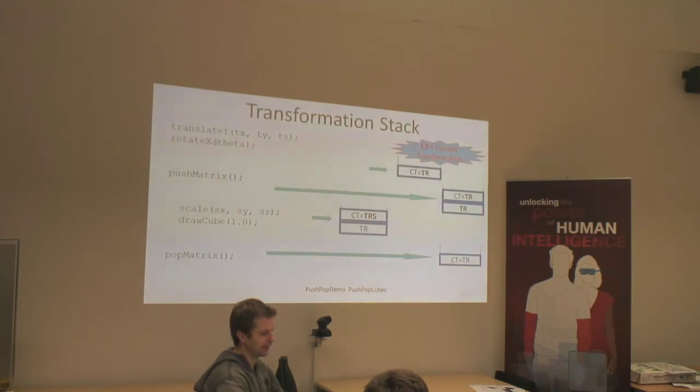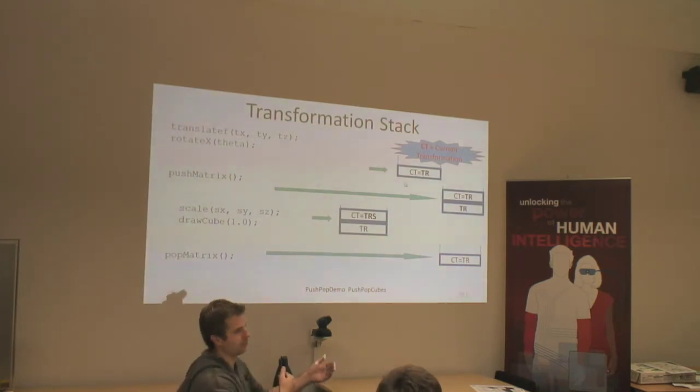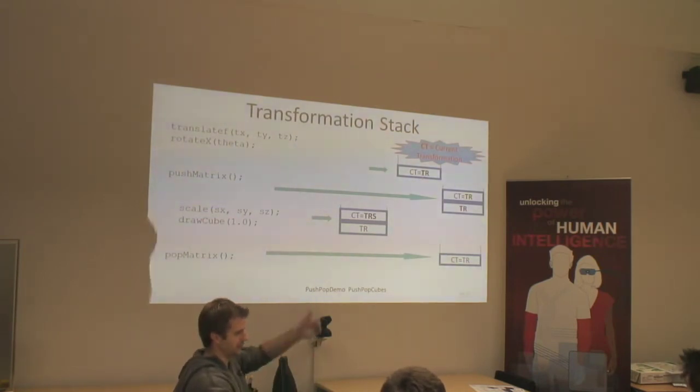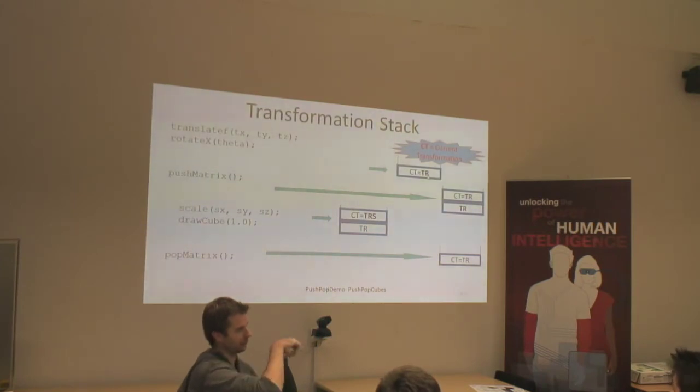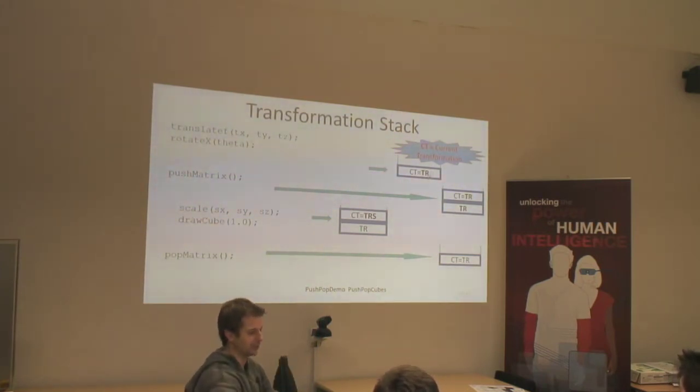We do a translation and a rotation, and if CT is our current transformation, we have CT equals T times R. That will be a 4x4 array with some values in the final column for the translation, and the 3x3 matrix in the middle modified by the rotation.